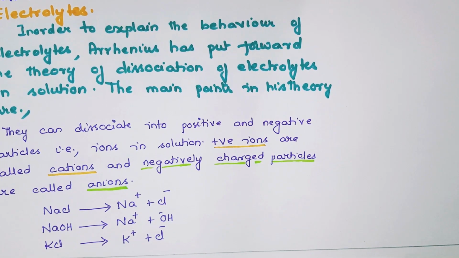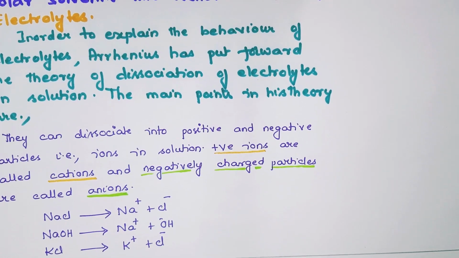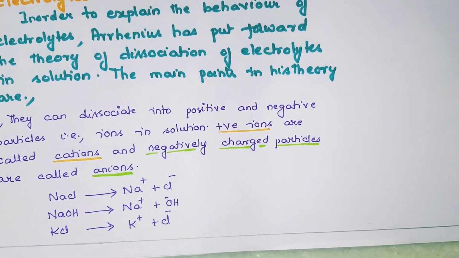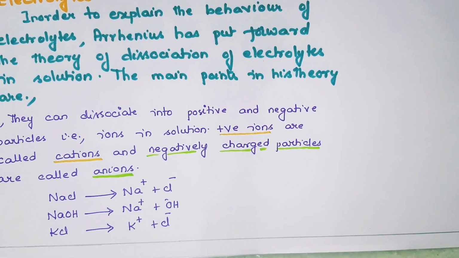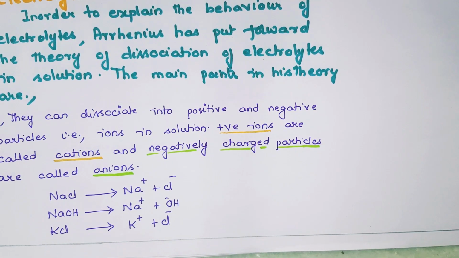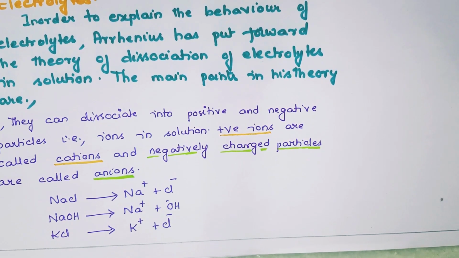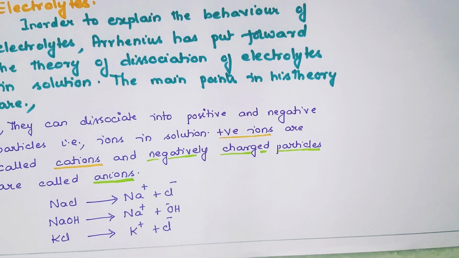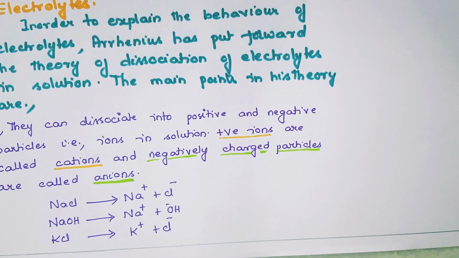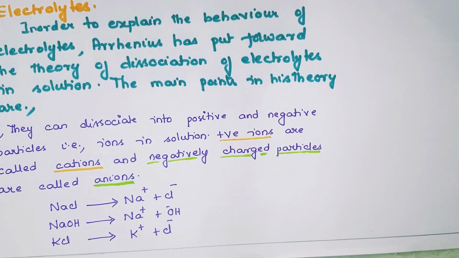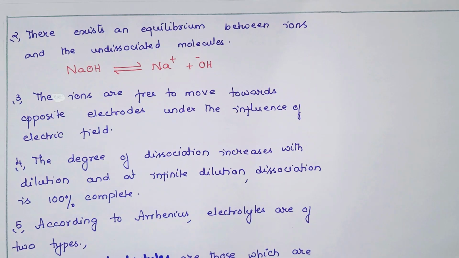So NaCl dissociates into Na plus plus Cl minus. Second one is NaOH, students. NaOH dissociates into Na plus and OH minus. KCl dissociates into K plus and Cl minus. So this is the first point and you can quote a few examples under the first point, students.